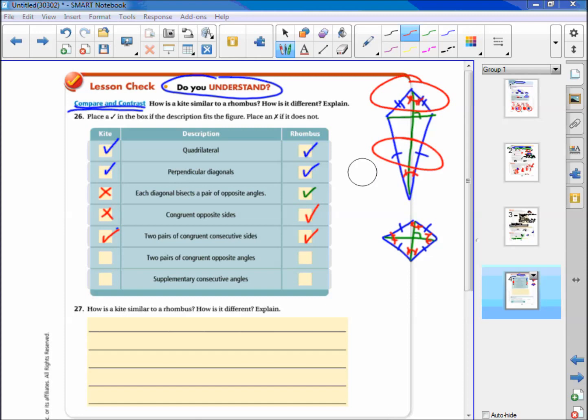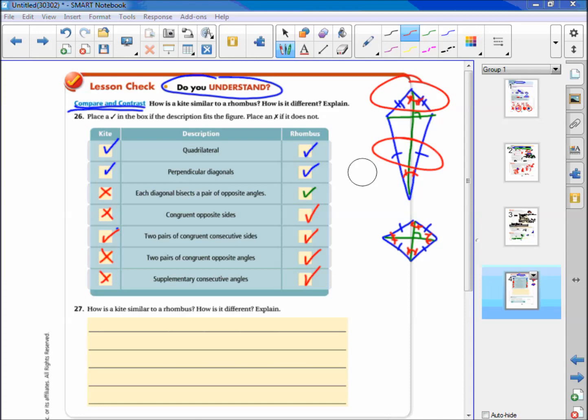Two pairs of congruent opposite angles. A rhombus, yes. Kite, no. The opposite angles going side to side here are going to be congruent, but up and down are not, in my kite. So supplementary consecutive angles, no for a kite, yes for a rhombus.